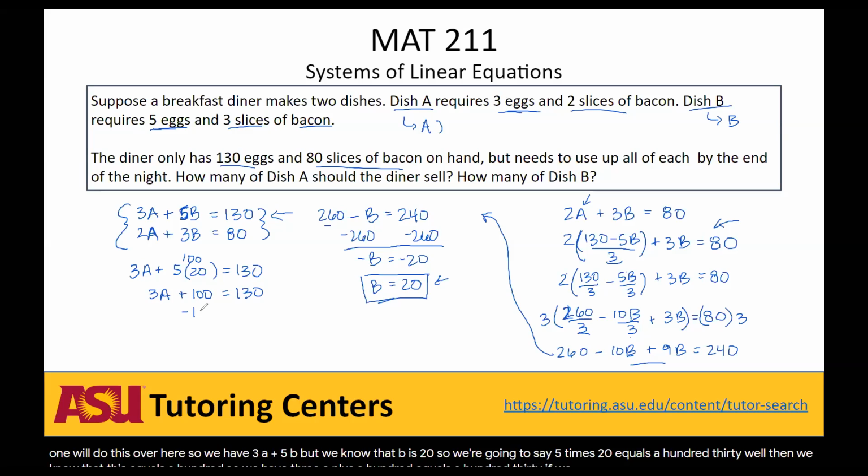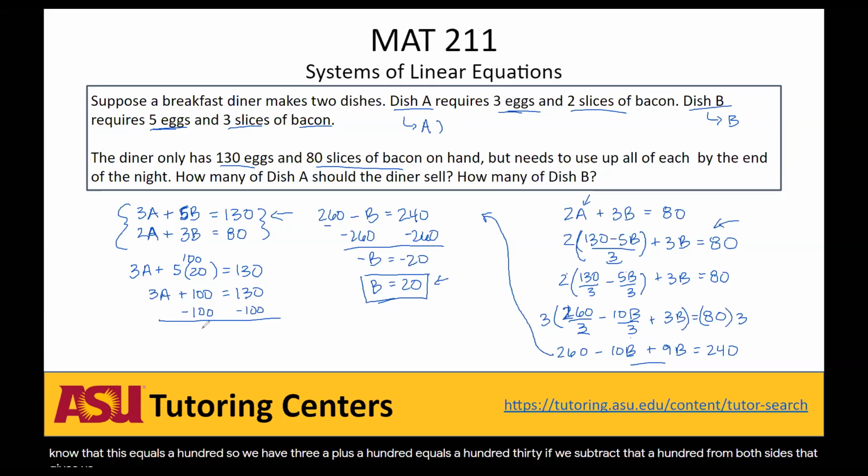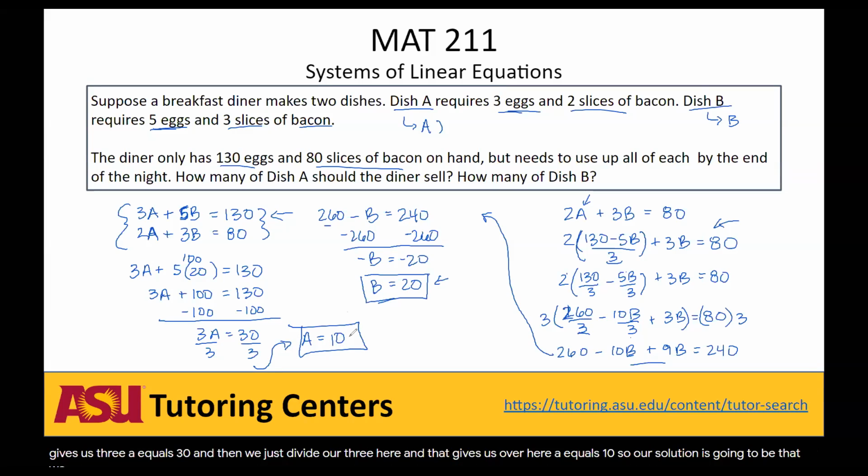If we subtract that 100 from both sides, that gives us 3A equals 30. And then we just divide by 3, and that gives us A equals 10. So our solution is going to be that we want to sell 10 of dish A and 20 of dish B.